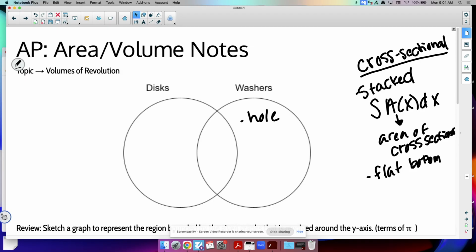What formula gives us the volume of a washer? What goes in front, since it's rotating and it makes a circle? Pi, yep, because it's really just a circle.